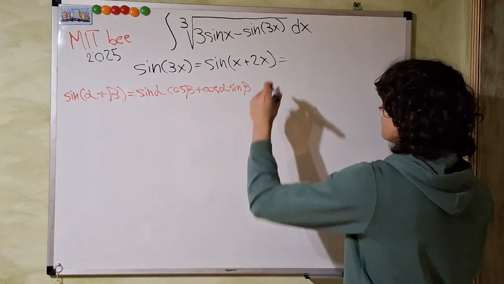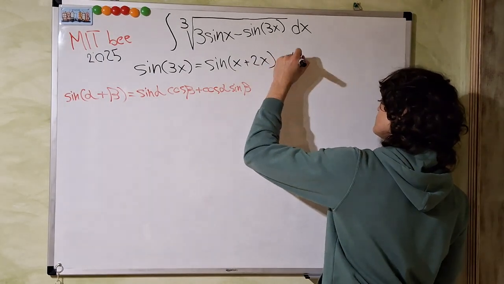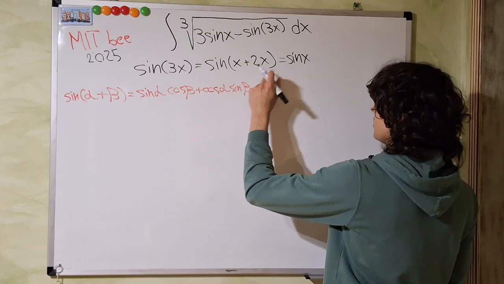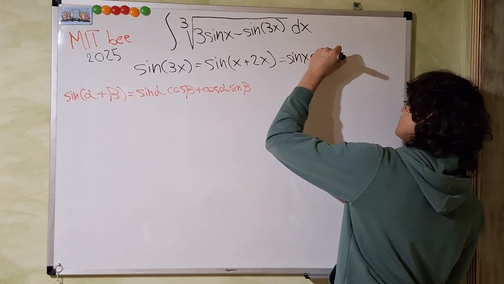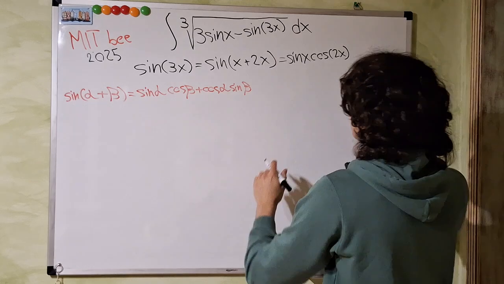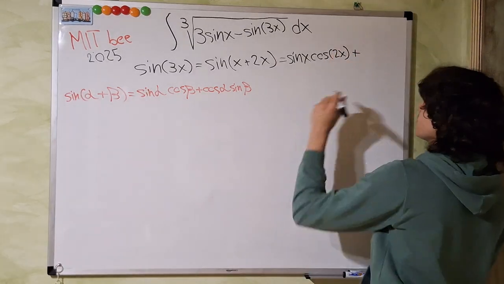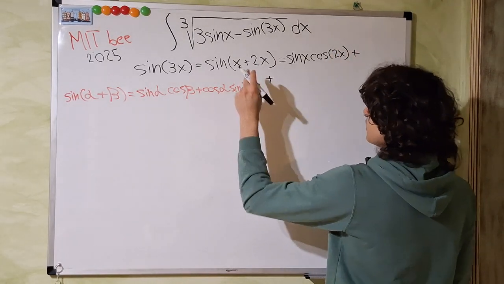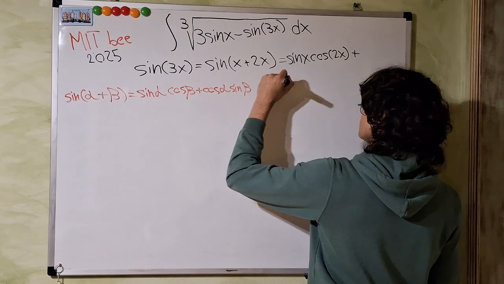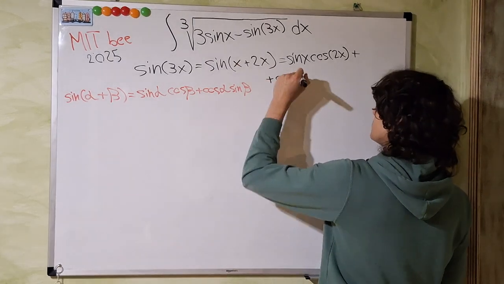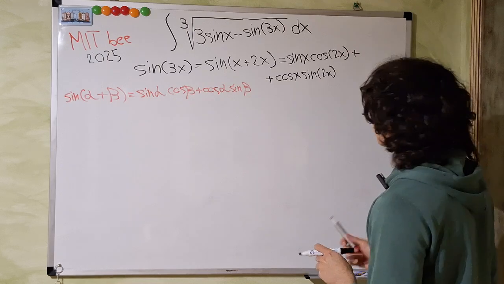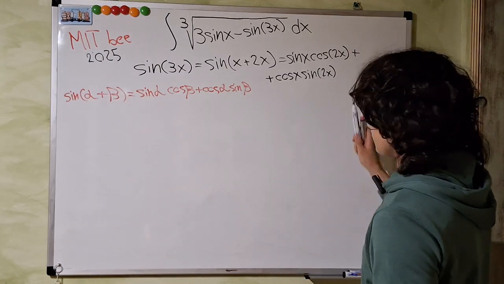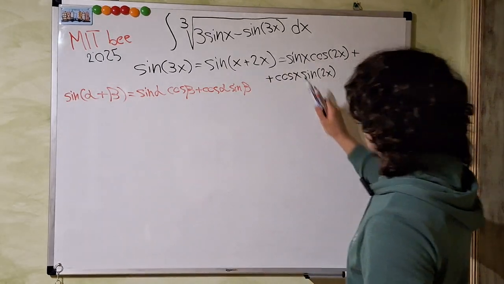So we have sine of x times cosine of 2x plus cosine of x times sine of 2x.